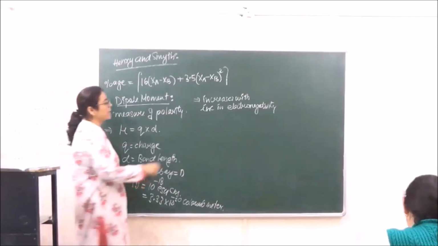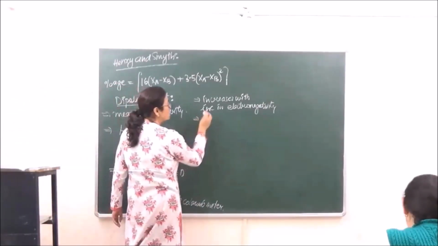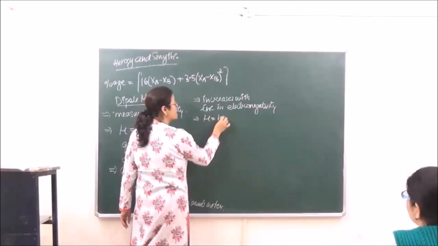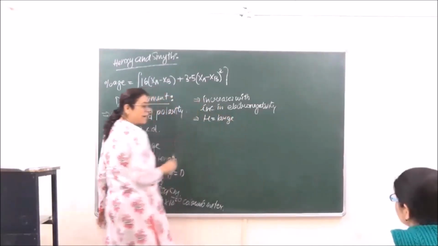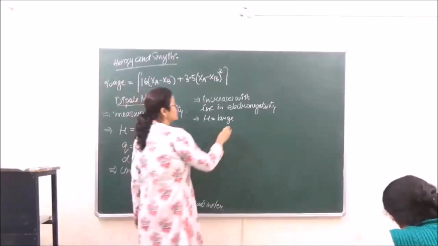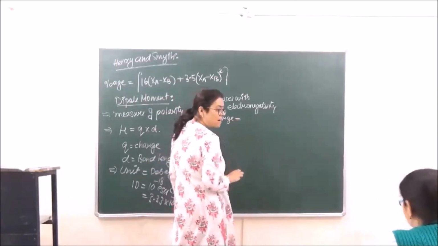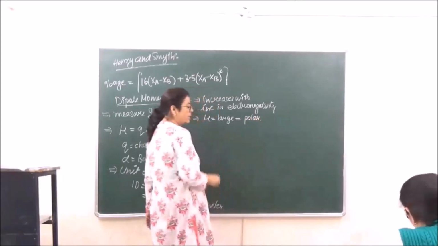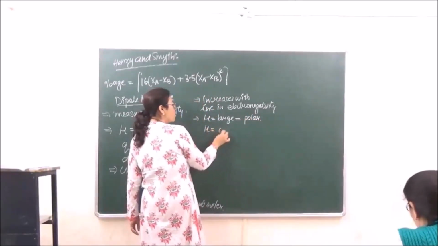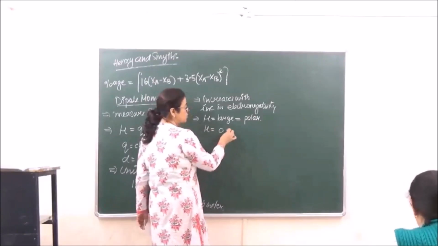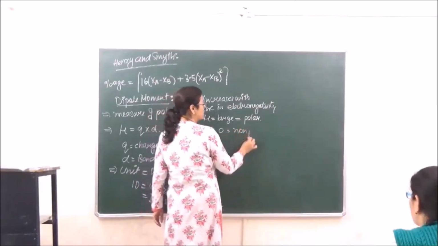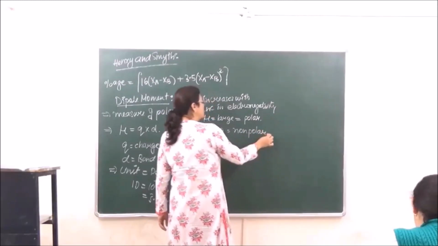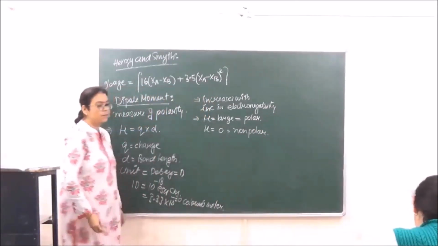So we can say that if the value of mu is large, then in that case the compound is going to be polar in nature, and if the value of mu becomes equal to 0, such molecules are non-polar in nature. Okay?